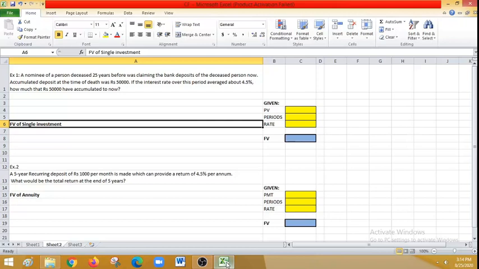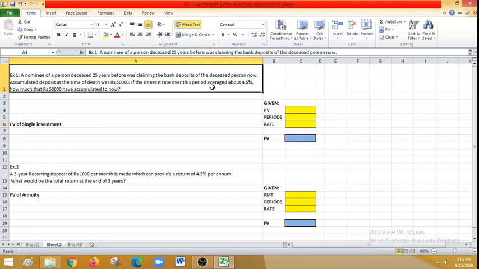Just to mention, future value problems are DCF problems, that is, discounted cash flow problems. So the DCF problems consider the time value of money. With this I'll start my explanation of how to do the future value of a single investment.